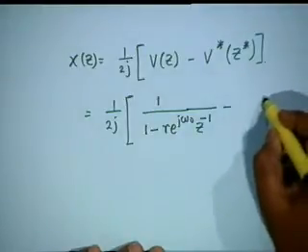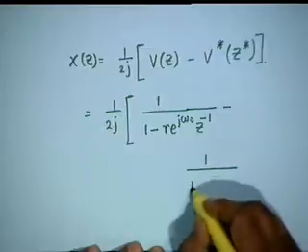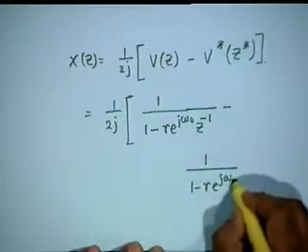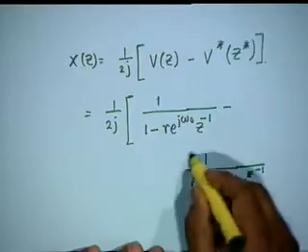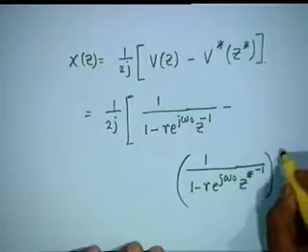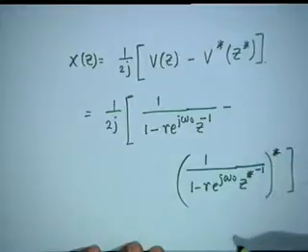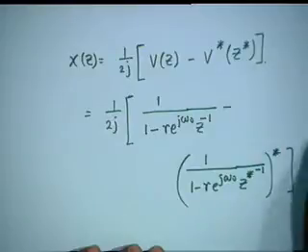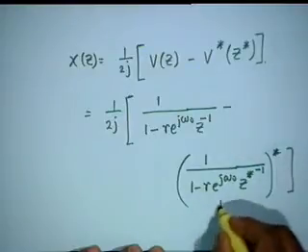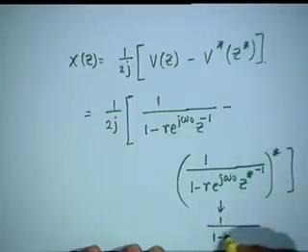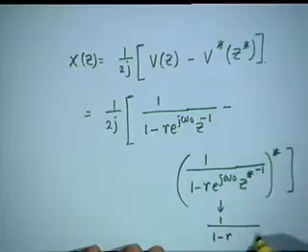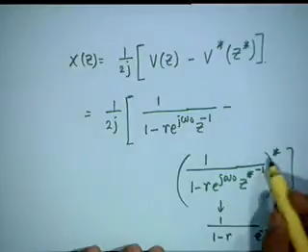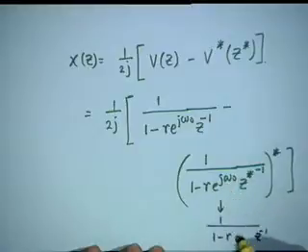So, let us write first what happens if we conjugate the z: r e to the j omega 0 z star inverse, then the whole thing will be starred. Okay. Now, what is this quantity? Obviously, this is 1 by 1 minus r z star star to the power minus 1, which is z to the minus 1, and star of e to the j omega 0 is simply r e to the minus j omega 0.